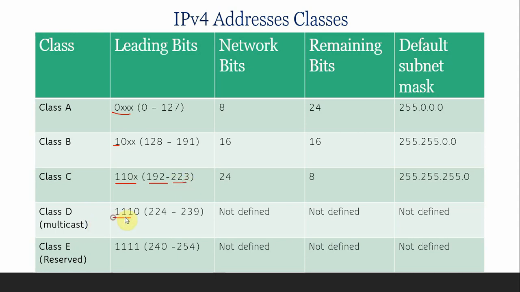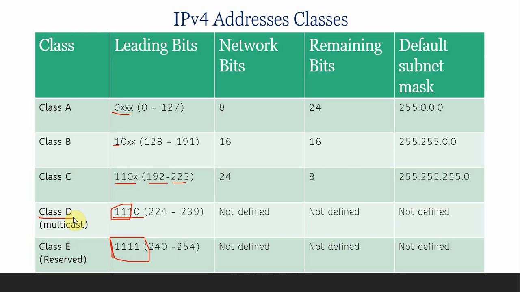For the fourth, it means that the first 4 binary digits in the first octet have been turned on. So this is the leading bit that is leading us to the classes of the IP addresses.